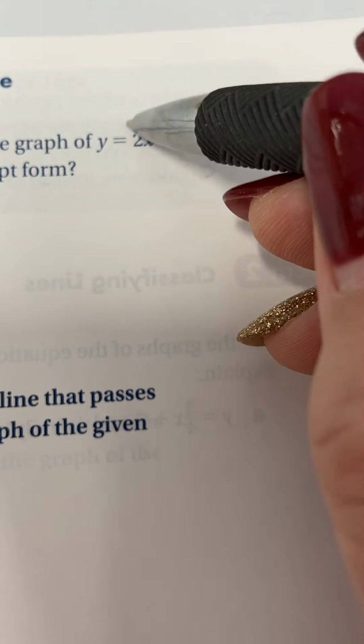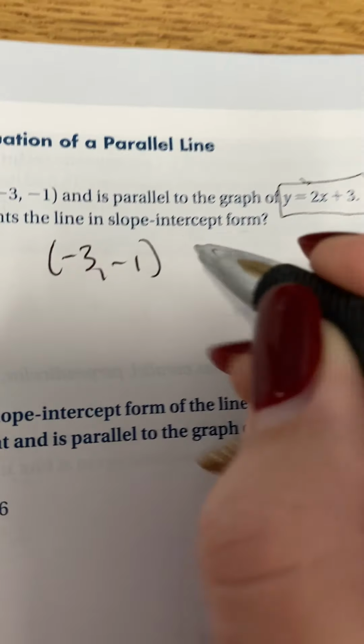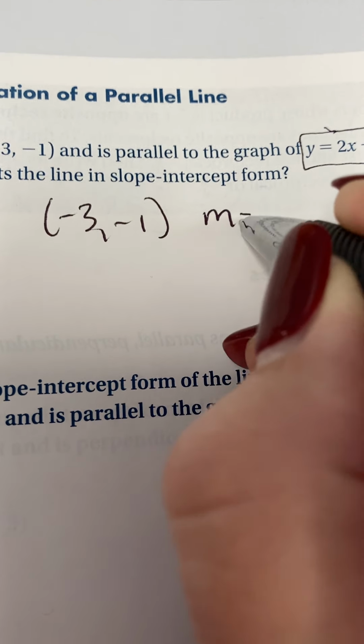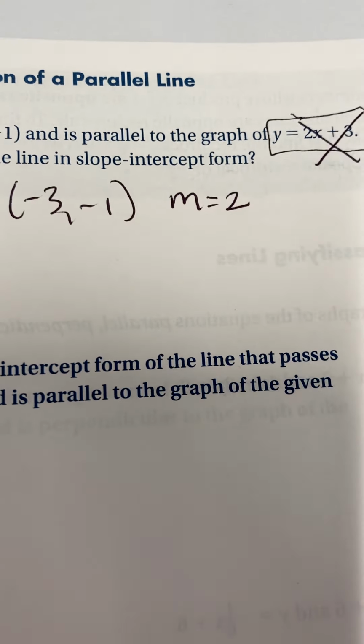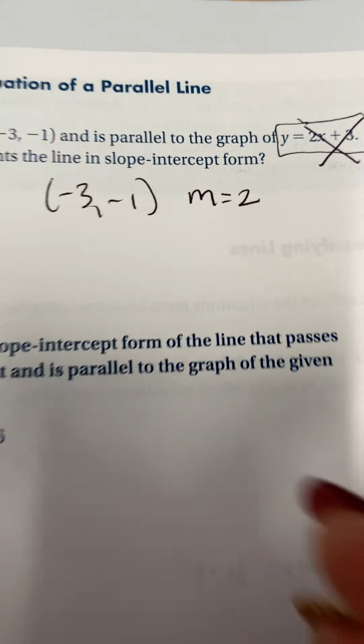Any line that is parallel to this line has to have the same slope. So you would look at this and say, what is the slope of this line? Since it's in the form of y equals mx plus b, your m is 2. So I'm going to borrow that slope, which is 2. Ignore this now, I don't care about it any longer. I'm given a point and a slope, and the question wants us to put it into slope-intercept form.